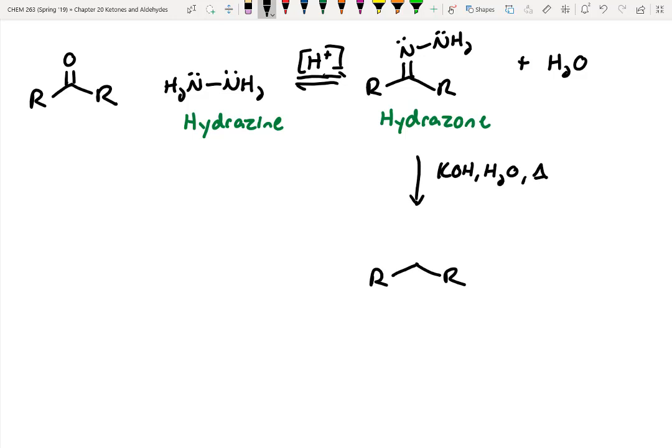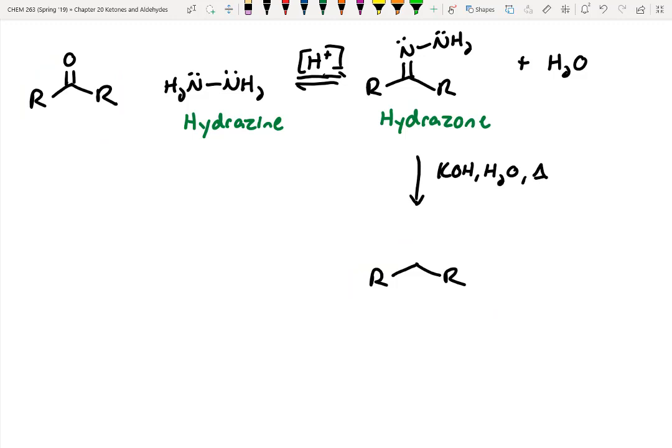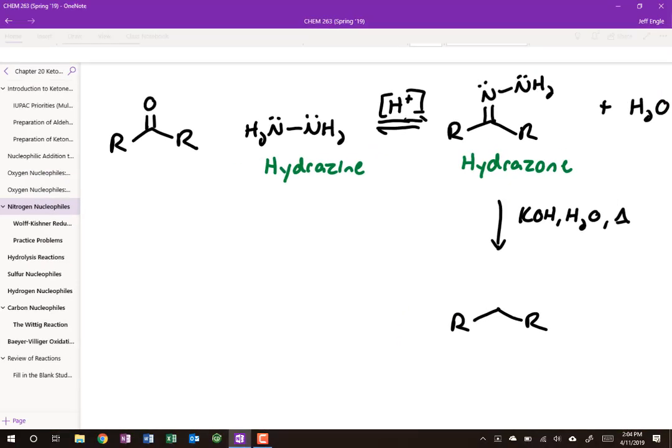Kind of cool chemistry here. So theoretically, we can start out with a ketone, go to a hydrazone, and end up all the way with an alkane. You guys want to see how that works? It's not magic. We will be tested on it. So yes, you would like to know how it works.